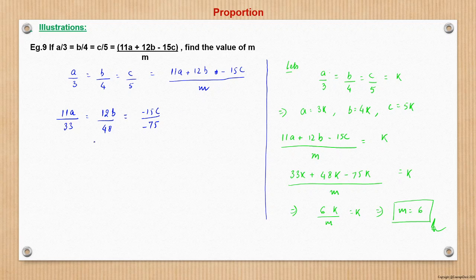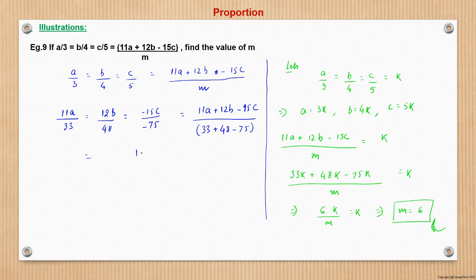If this is the case, then this I can write as what? 11a plus 12b minus 15c upon 33 plus 48 minus 75.